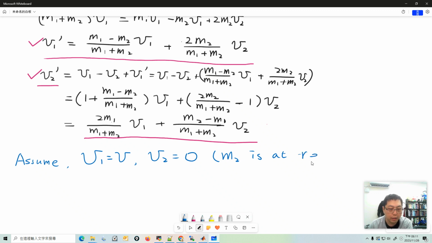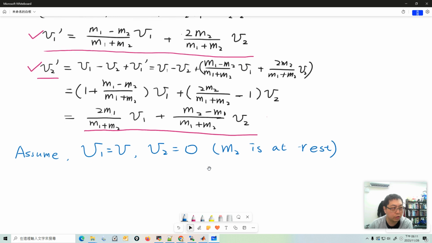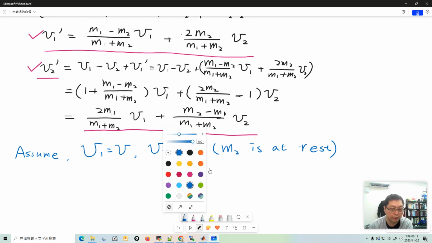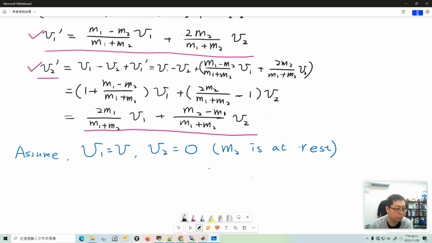If we assume this initial condition, what is the velocity after collision, v1 prime? We just put this initial condition in this equation. Very easy, nothing magic here.